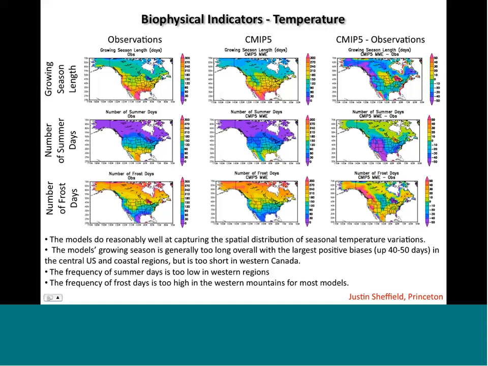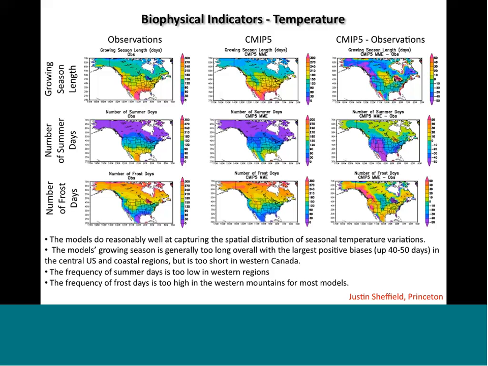If you look at the first 2 rows, you can see that the spatial patterns look pretty good. Looking at the differences, you can see some regional problems with the models. So overall, the models' growing season is generally too long. Large positive biases up to 40 to 50 days in the central U.S. And then you have some more regional features, coastlines, bigger biases, and around the Great Lakes.